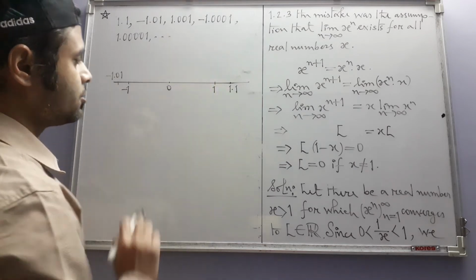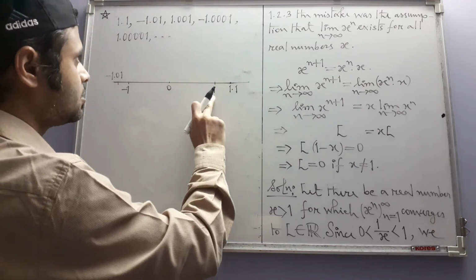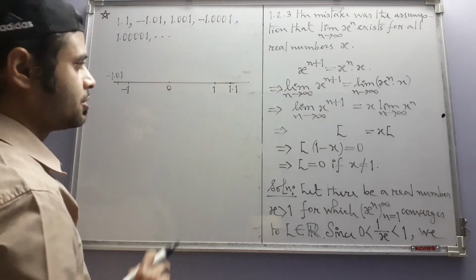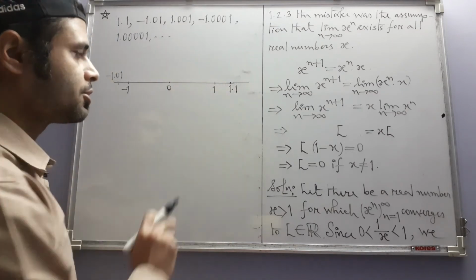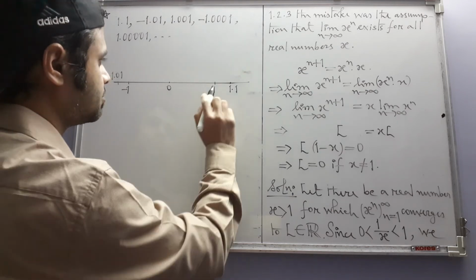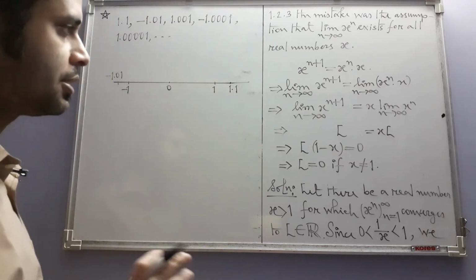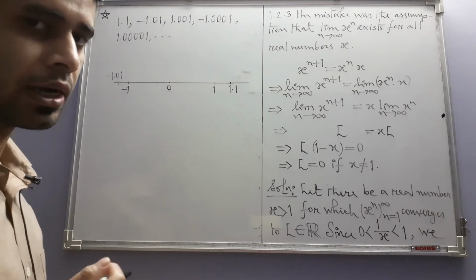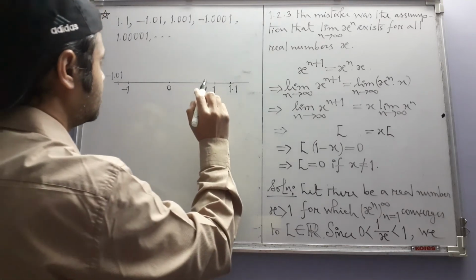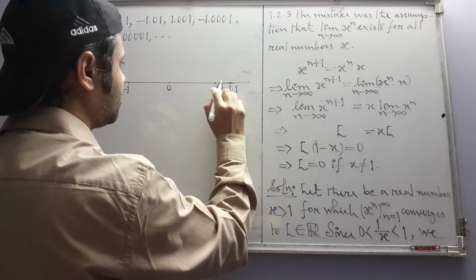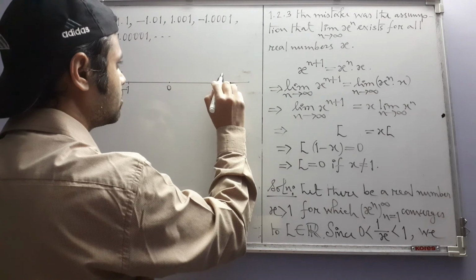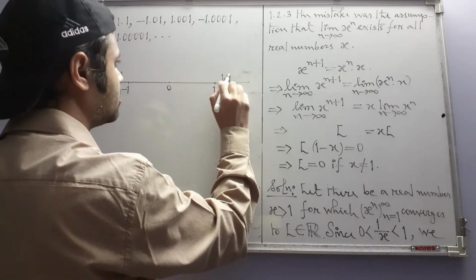Then 1.001 is more positive than 1 because you have 0.001, but less positive than 1.1. This more positive and less positive, these are not precise mathematical terms, but just for the sake of our understanding I am just saying it. It is suggestive, and you can clearly see what I am trying to say here.